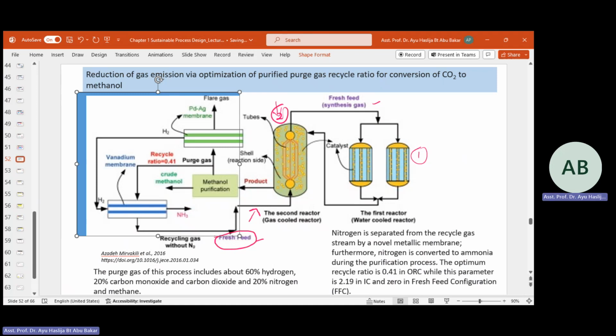What is the composition of the recycle stream? Here is methanol. Okay, here is the purge gas. You see here, H2.